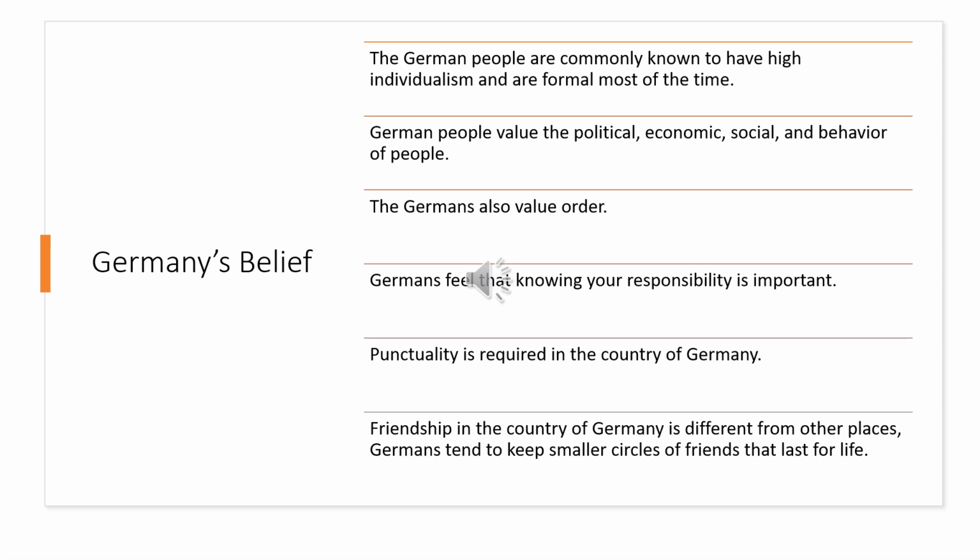They feel that knowing your responsibility is important, and that punctuality is a requirement for the country. However, friendship in Germany is different from other places. The Germans tend to keep smaller circles of friends because they feel the friendships will last for a lifetime. The smaller the circle, the longer the friendship will last.